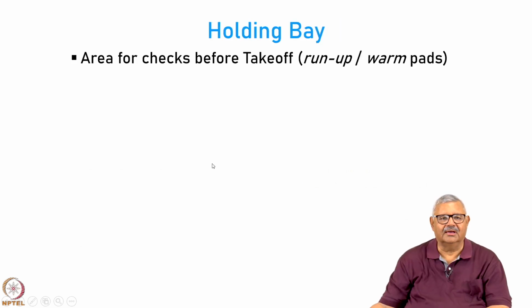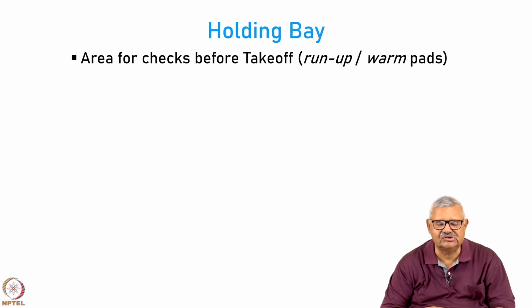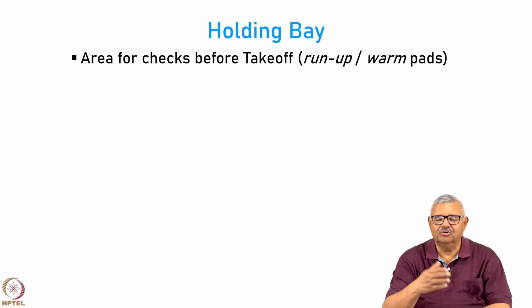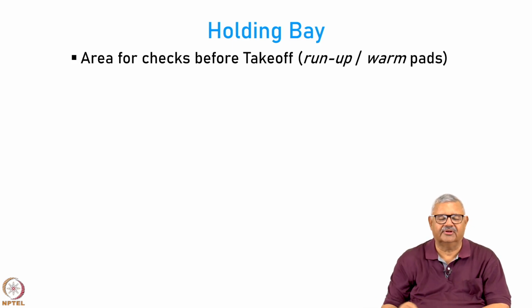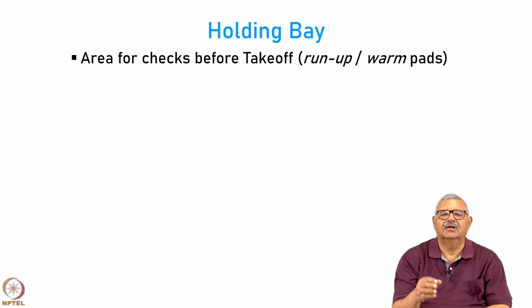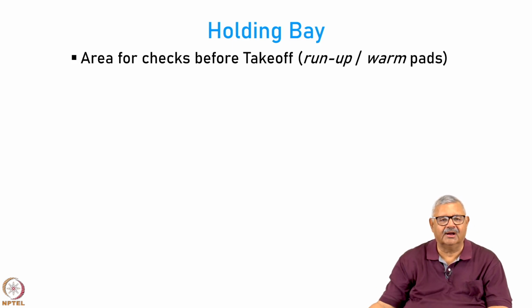Then you have the holding bay. Holding bays are areas for checks before takeoff, and we do not want the aircraft to occupy the runway, because the throughput of the airport will reduce if every aircraft has to come to the beginning of the runway and then consume time in warming up and run up.